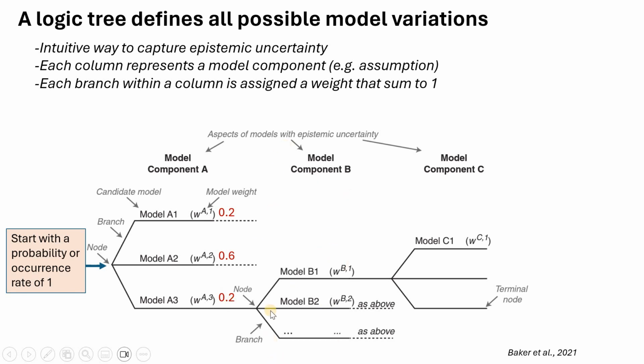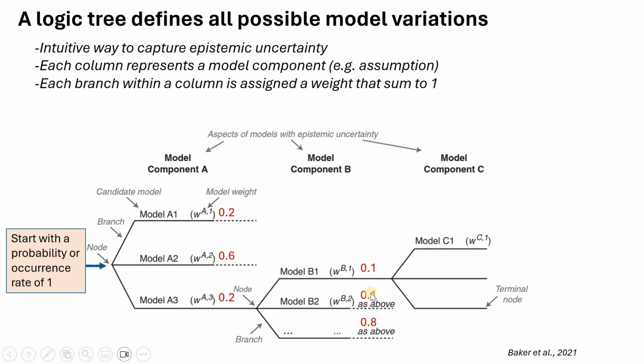Then we move on to the next set of branches here. Oh, I have to say, notice these sum to 1, right? Each set of branches coming off a node, those probabilities have to sum to 1, because we're essentially stating this is a probability distribution, and there's only 3 choices in that distribution, and they have to sum to 1.